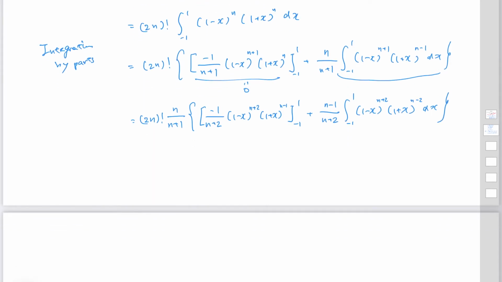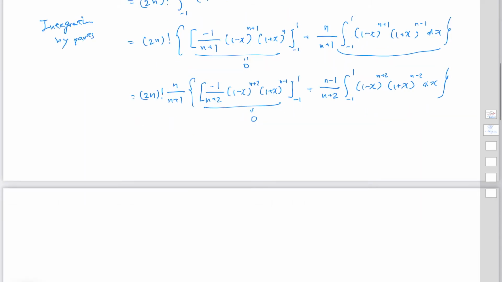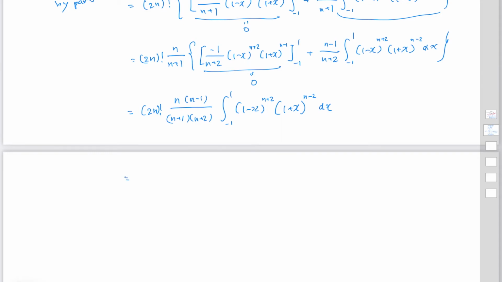Then again, the first term becomes 0. Actually, we have factorial of 2n, n times n minus 1 over n plus 1 times n plus 2, the integral of (1 minus x) to the n plus 2, (1 plus x) to the n minus 2 dx.